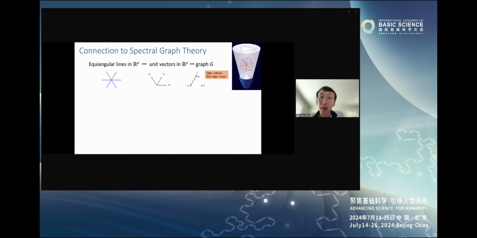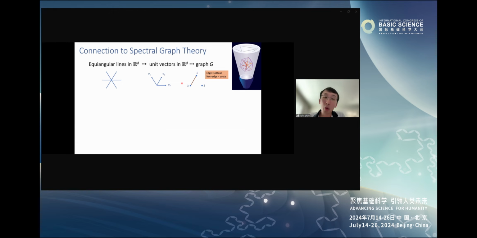Here's a graph where each vertex represents a vector. And between two vectors, because we start with an equiangular lines configuration, the inner products can only be plus alpha or minus alpha. And so we can use edges to denote this combinatorial relationship. So we put an edge in if the pairwise inner product is minus alpha, if it's an obtuse angle, and put no edge if it's plus alpha, or an acute angle. Okay.